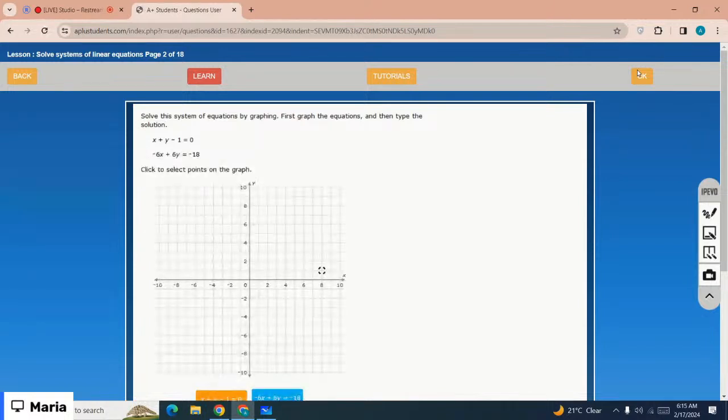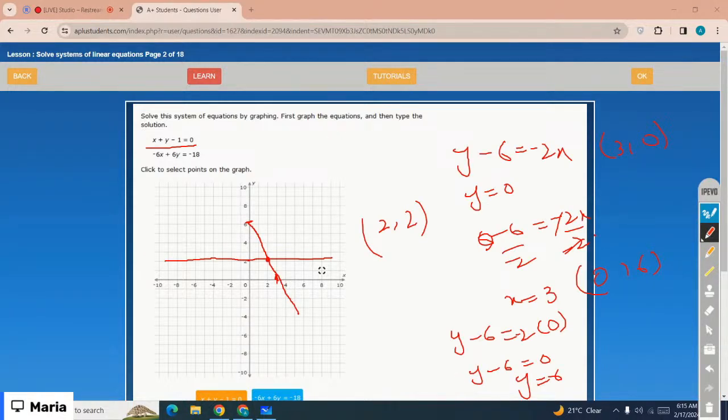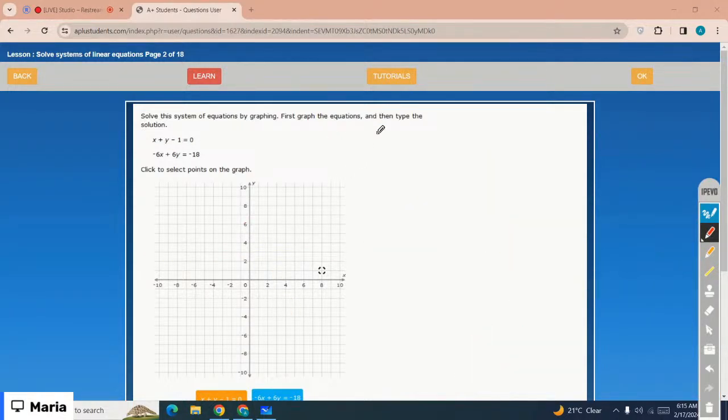Solve this system of equation by graphing. First graph the equations, then type the solution, right? So for both the equations, now you have to do exactly the same thing. You need to find the x-intercept and the y-intercept for both the equation, right? Start with the first one, that is x plus y minus 1 equals 0. You can rewrite it x plus y equals 1.